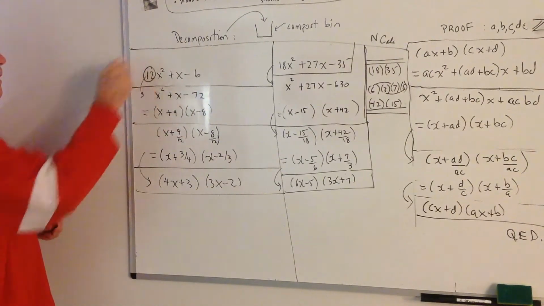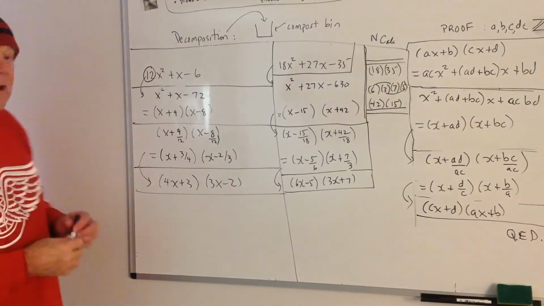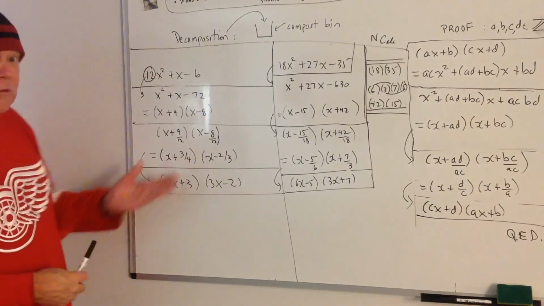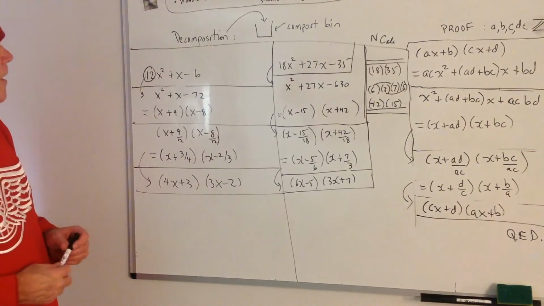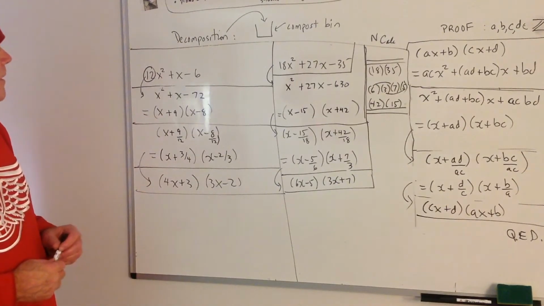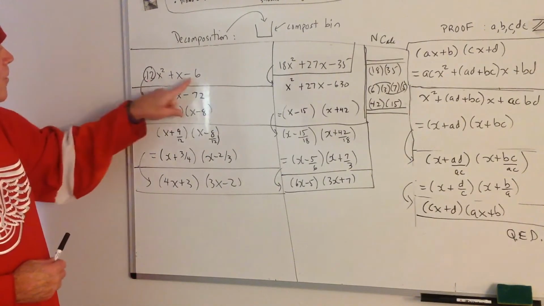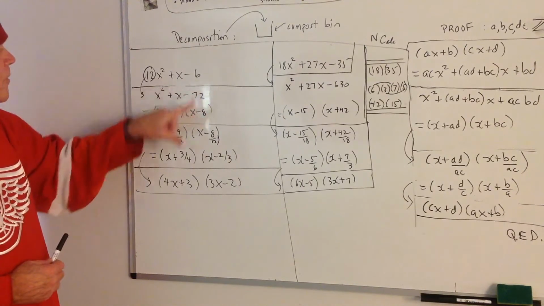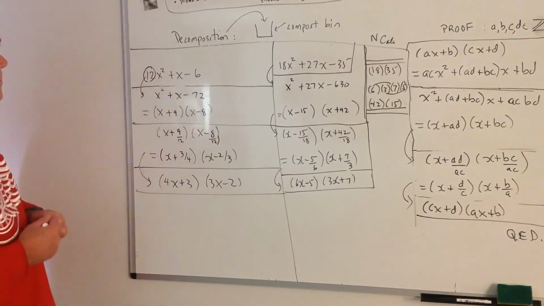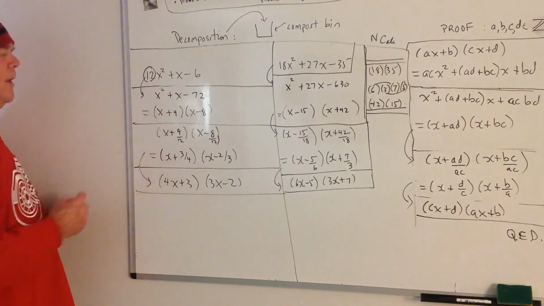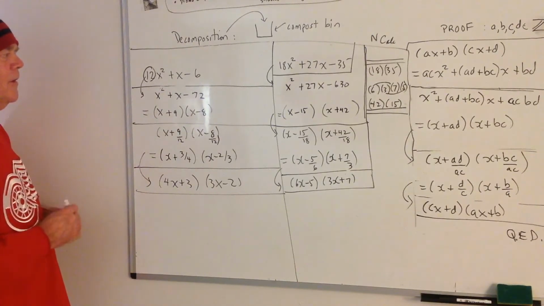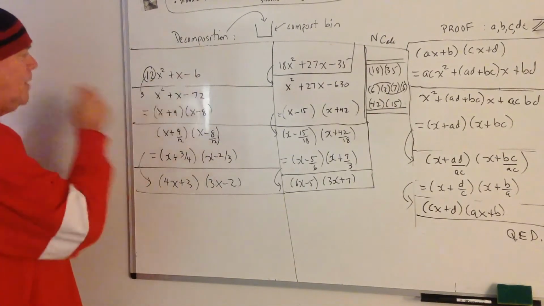Whatever's in front of the x squared, non-1 obviously, otherwise we just do it by the usual factoring techniques. We multiply that 12 by the constant term 6, negative 72. Notice I don't have an equal sign here because they're not equal. It's not a true statement from there to there.